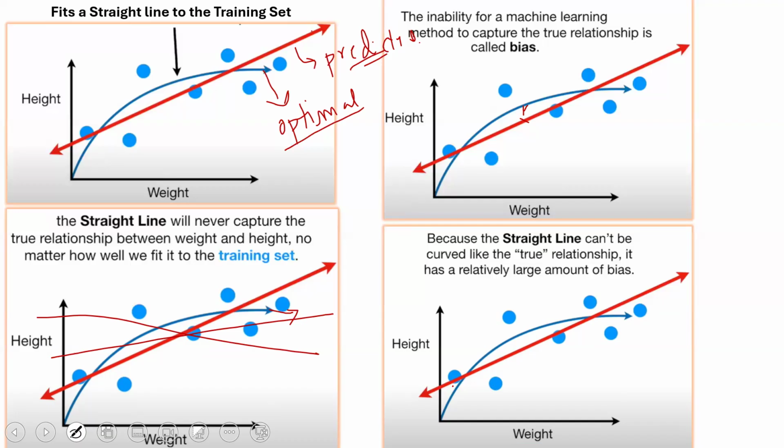This particular algorithm has high bias. This is the expected, and this is a straight line. There is a lot of difference, right? It's not even coming like a curve. This particular algorithm is said to have high bias, a large amount of bias. It is not at all capturing the true relation between the height and weight.